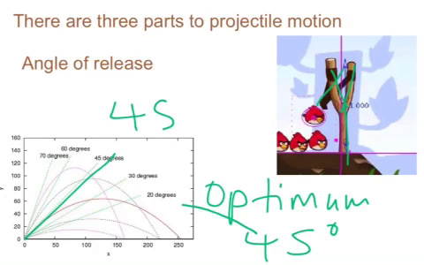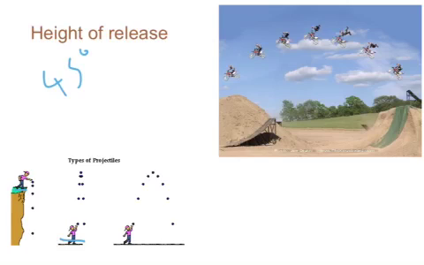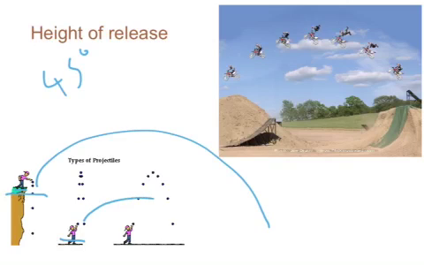Our optimum angle of release is 45 degrees. A higher speed of release will result in a further distance. And with height of release, if you're throwing objects from a higher position, then the distance traveled is going to be further in comparison to one off the floor.